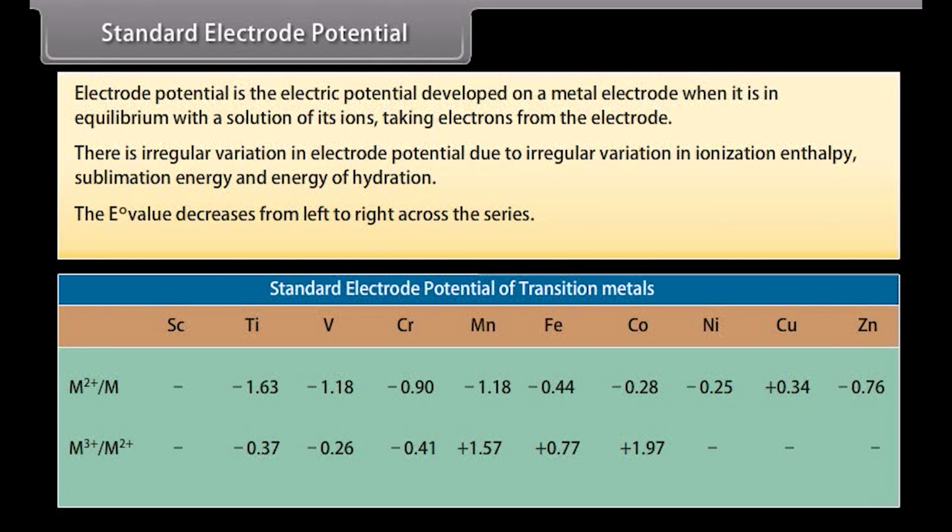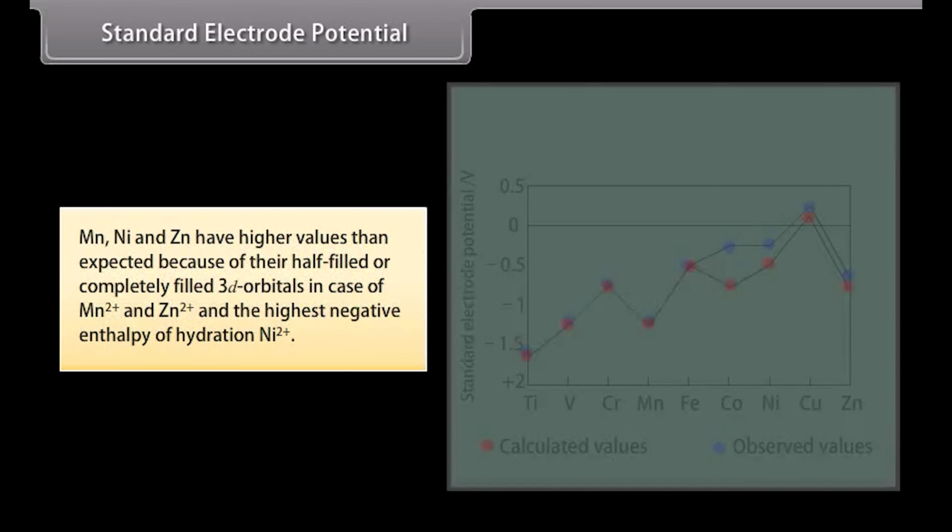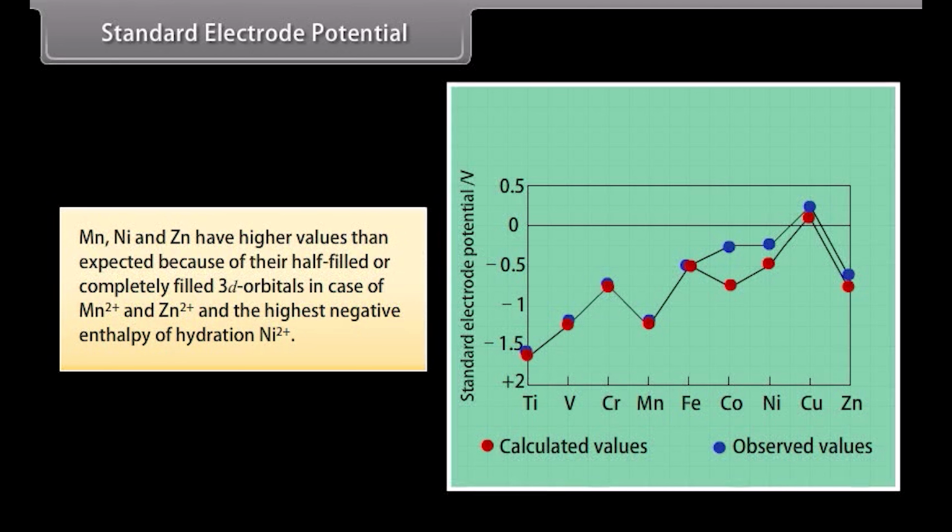The E0 value decreases from left to right across the series. Manganese, nickel, and zinc have more negative values than expected because of their half-filled or completely filled 3d orbitals in the case of Mn2+ and Zn2+, and the highest negative enthalpy of hydration in the case of Ni2+.